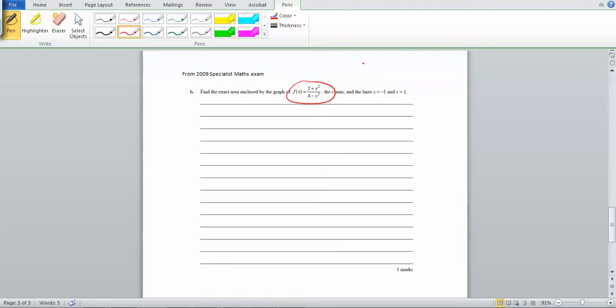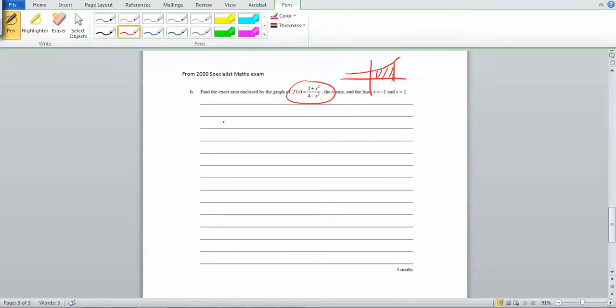But essentially, if we have a graph, we can find the area under this graph using integration. And integration is essentially anti-deriving within a certain range. So in this case, the first step involves using partial fractions.